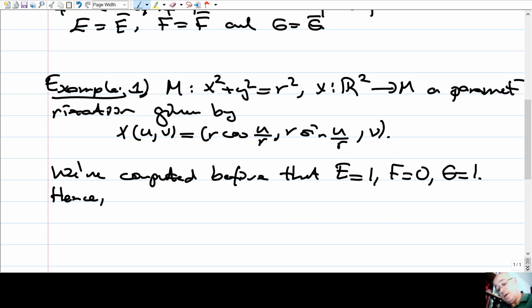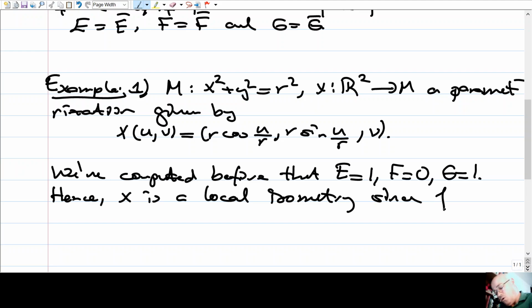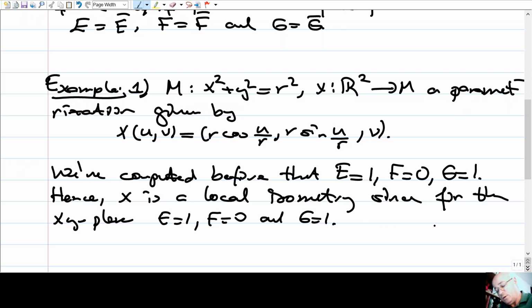Hence, X is a local isometry, since for the xy plane, E is equal to 1, F equals 0, and G equals also 1.